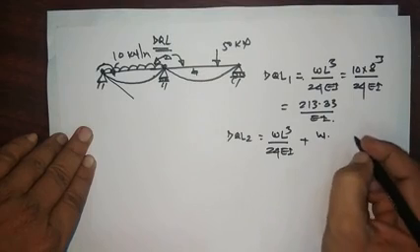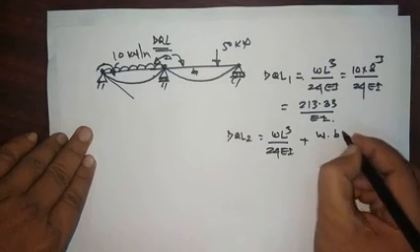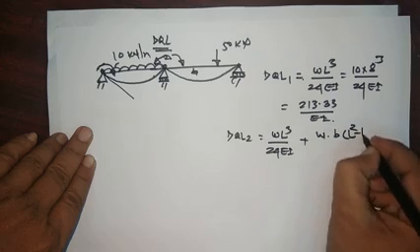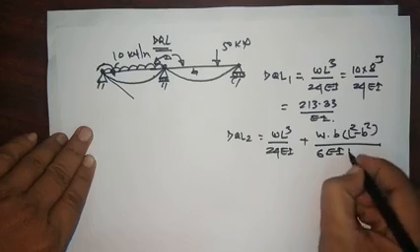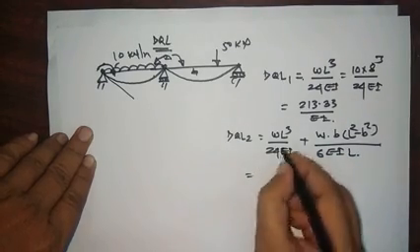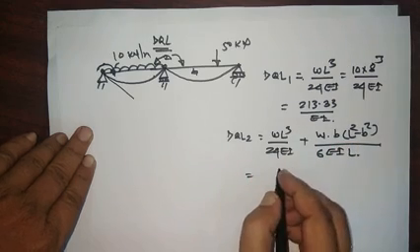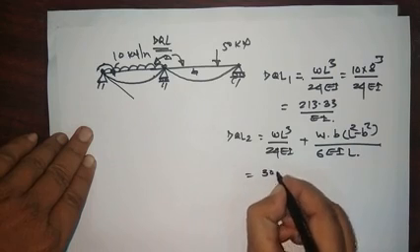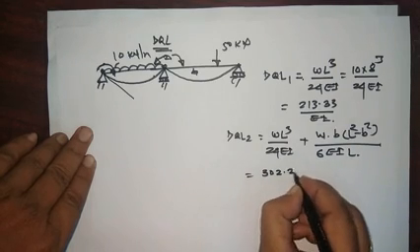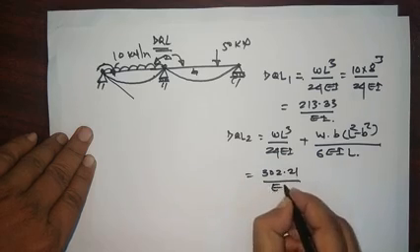W into B L square minus B square divided by 6EI. Now if you put the value in this equation, the final value we write here is 2 divided by the EI.